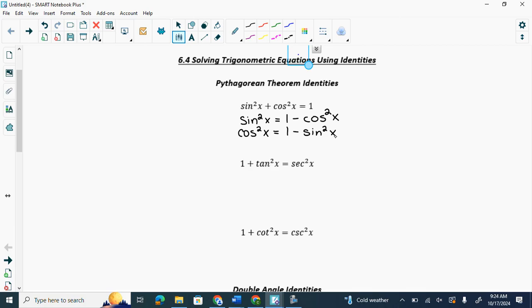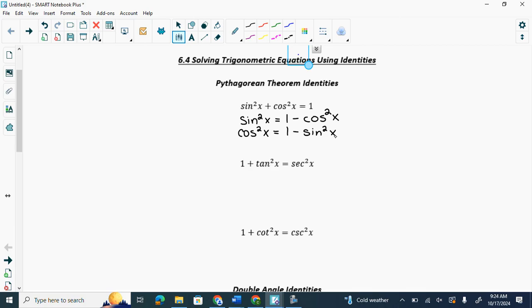It's the same thing. Now, why would I ever want to replace a sine squared? Well, I might want to replace a sine squared if it's sitting with a cos x in an equation so that I have all coses now instead of sines. That's why you replace, because ultimately we're trying to get an equation that has all of the same things.